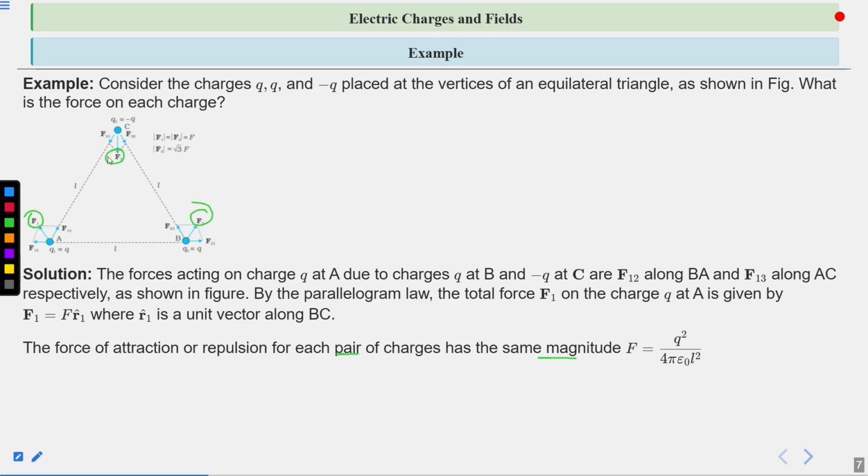The magnitude is the same. So F is equal to q square divided by 4 pi epsilon naught L square.